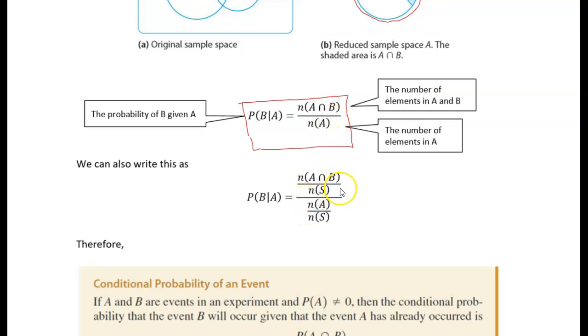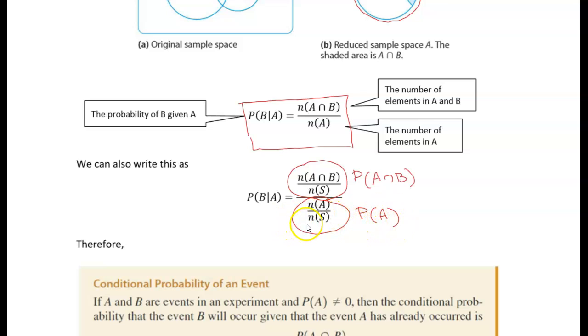If I just divide the numerator and denominator by the number of elements in the sample space, I'm dividing the numerator and denominator by the same amount, so it's an equivalent fraction. Then this is the probability of A and B happening, and this is the probability that A happens.